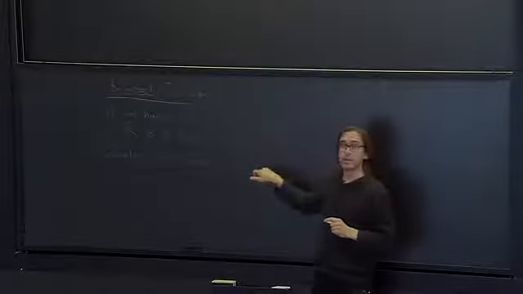If I take a point x in X, then the observables of the theory at x, so maybe some little ball around x, will be an associative algebra.